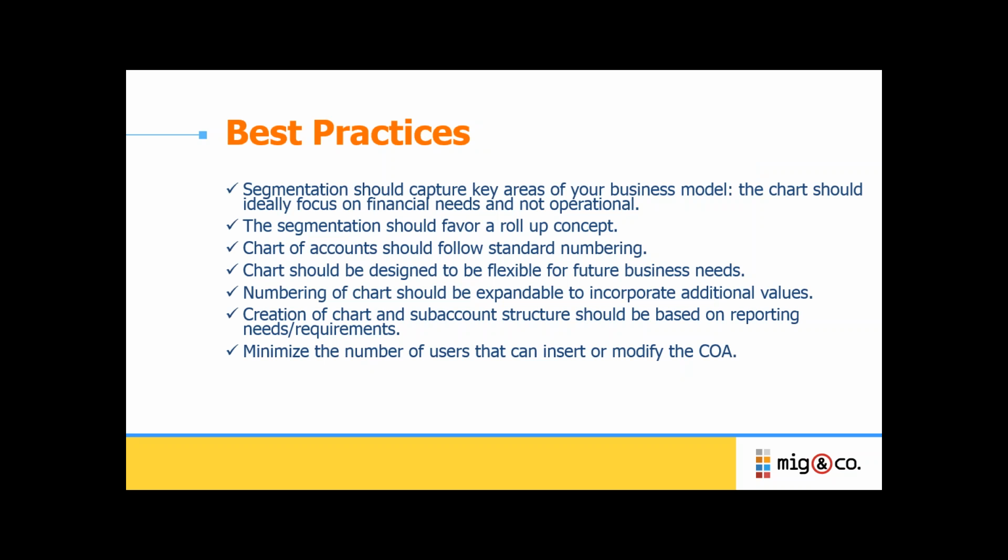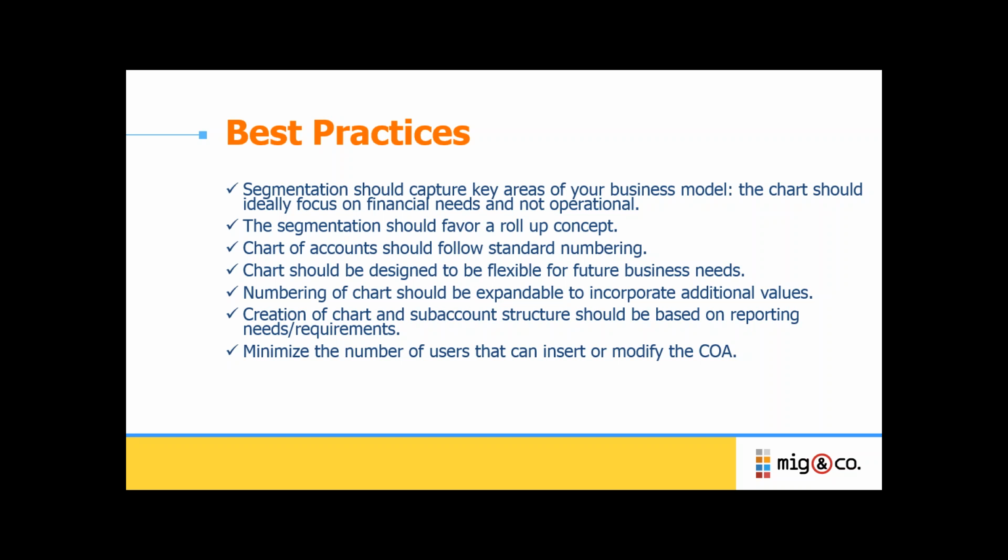Segments should favor the process of rolling up into a general grouping. So all my 1100s will be in my accounts receivable. So if I do 1101, 1102, it gives me that same grouping, so I can report my accounts receivable either in summary or in detail on my reports.